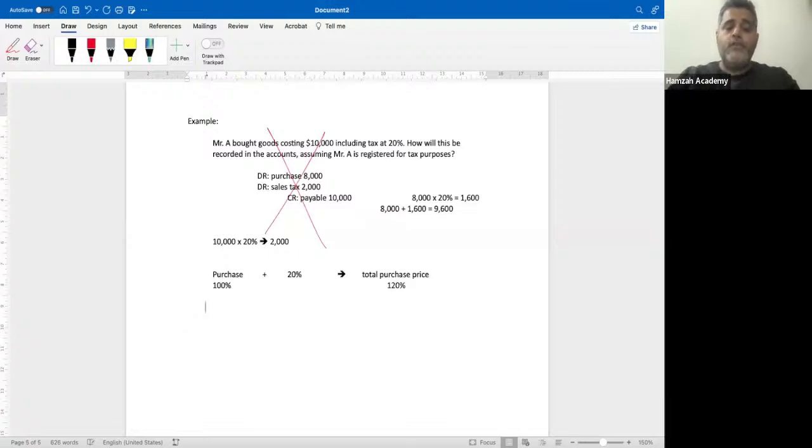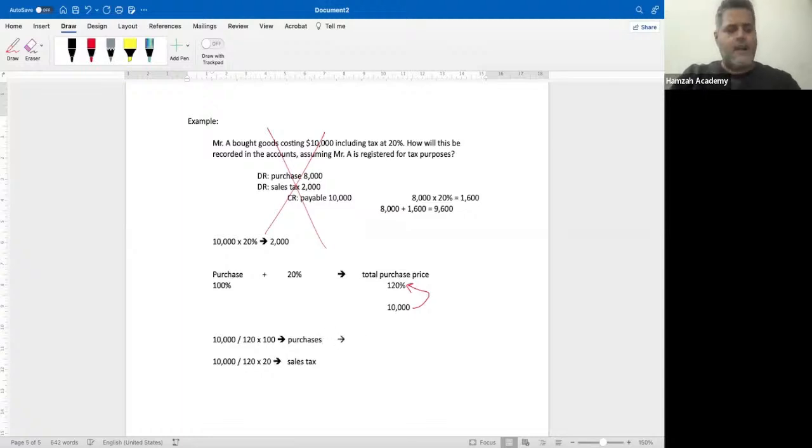Now, if we go over here, you have total purchase of 10,000 over here, nothing more. Now, this 10,000 is 120%. So if you divide it by 120, you'll get to 1%. And now multiplied by 100, you will get your purchases. 10,000 by 120 into 20, you will get your sales tax over here, right?